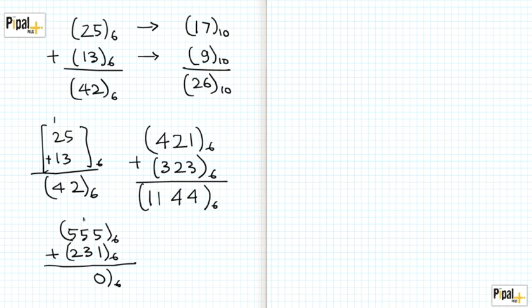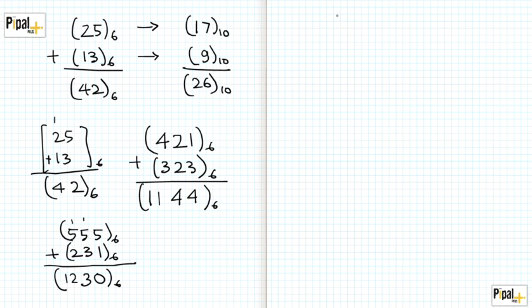So we have 1 plus 5, 6, and 3, 9. Now 9 is 3 above the base 6, so it is represented by 1 3 in base 6, so we write 3 and we carry 1 over. We have 5 and 1, 6, and 2, 8 in decimal, but 8 in decimal is represented by 1 2 in base 6, so we just write 1 2 3 0 in base 6. That's the equivalent of this summation.